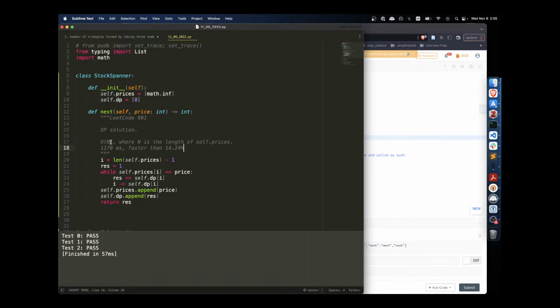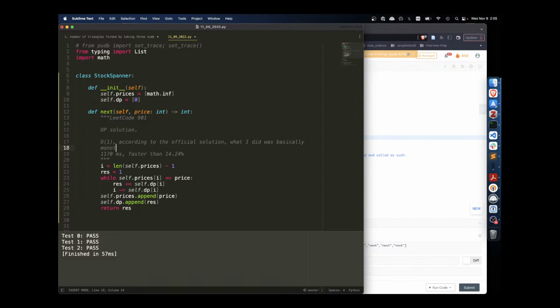So this is supposed to be O(1). According to the official solution, what I did was basically a monotonic stack, but implemented with a DP.